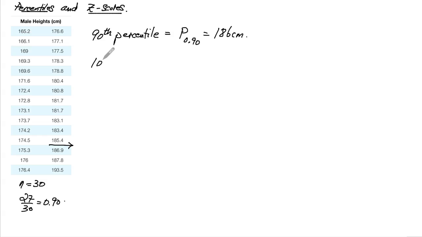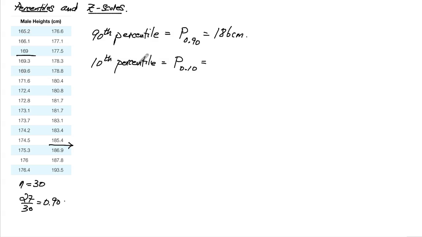Let's try the 10th percentile. So the 10th percentile, which we denote by P sub 0.10, is going to be the value such that 10% of the people in your sample are shorter than that particular value. Well, 10% of 30 people is anybody below this number.